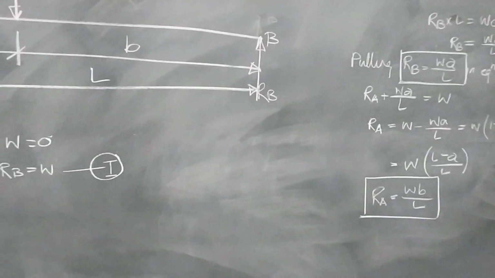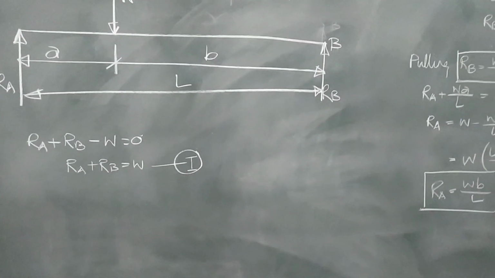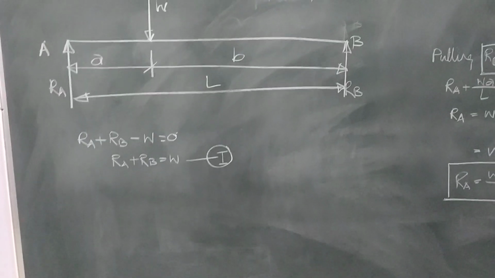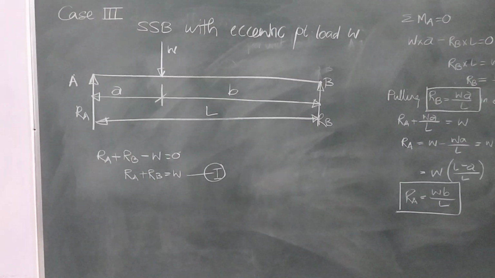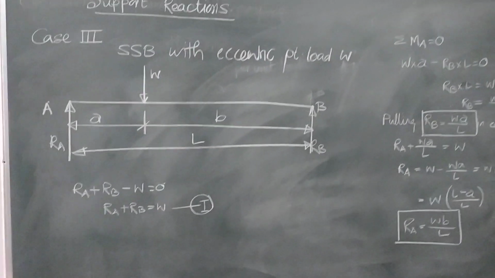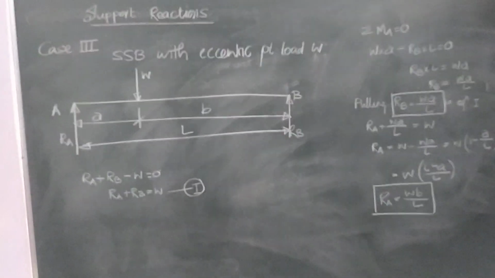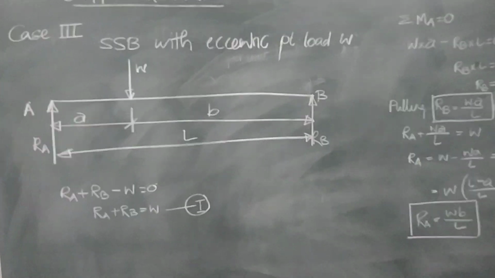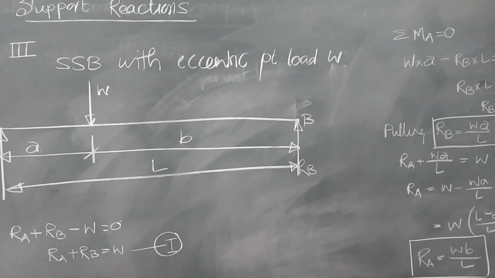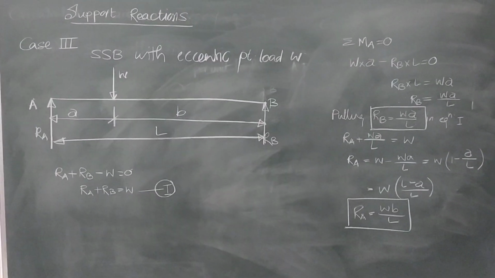Now you can easily solve problems based on any of these three cases. It is recommended that you take at least three examples on each case and submit them to my WhatsApp number. It is strongly recommended, because such examples are worth at least 4 marks, to find the reactions at supports.